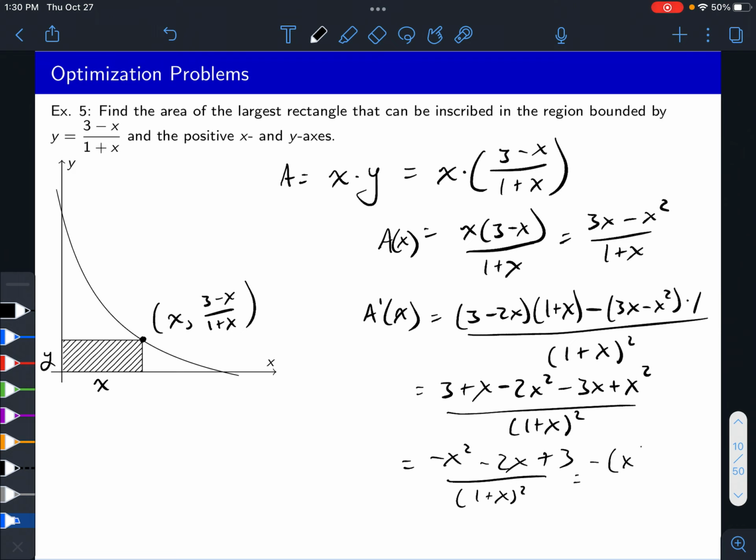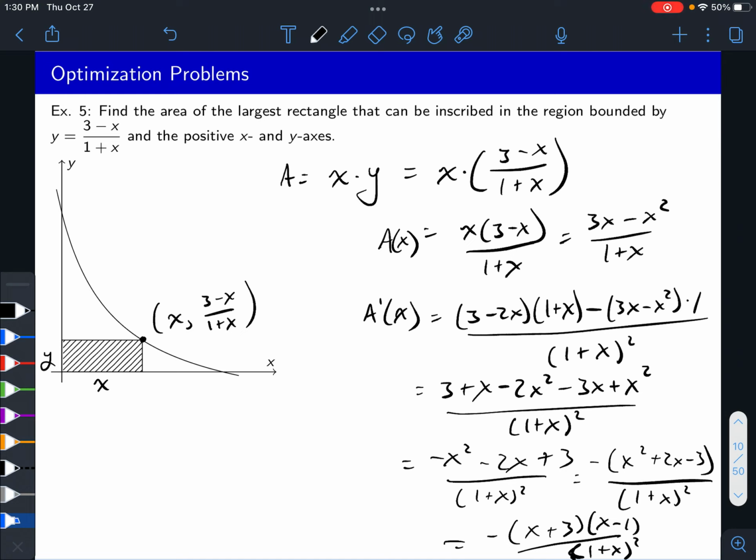Let me just pull out a negative: x squared plus 2x minus 3. This is just for some reason easier for me to see how to factor it. So this would be negative (x plus 3) times (x minus 1). Does that work? So 3 times negative 1, good. And then 3x minus x equals 2x. All right, good.